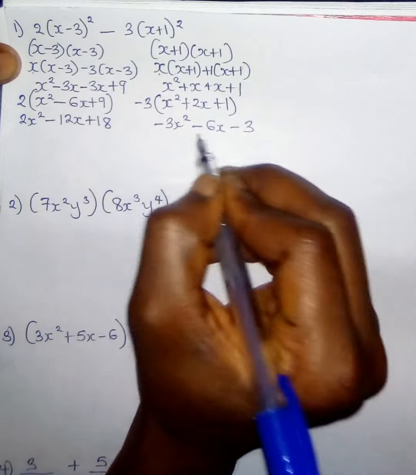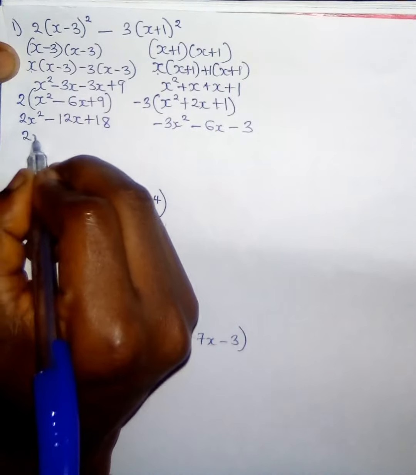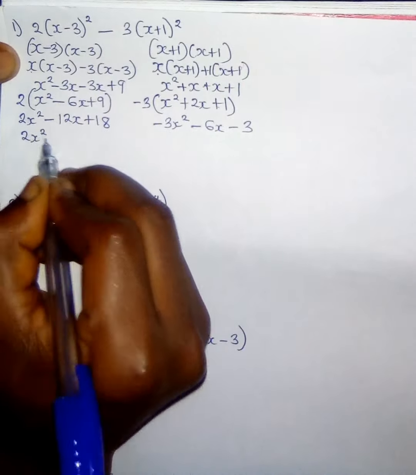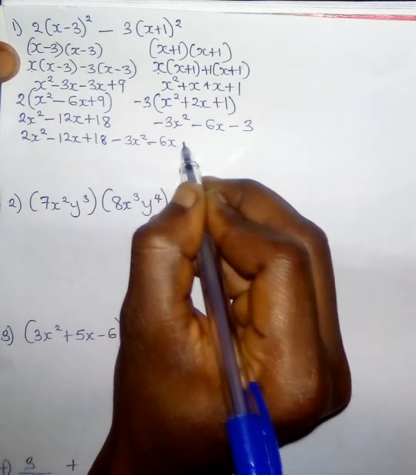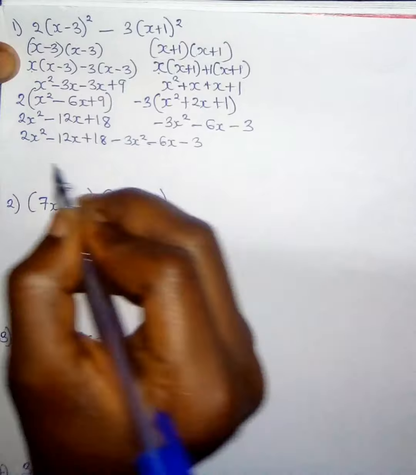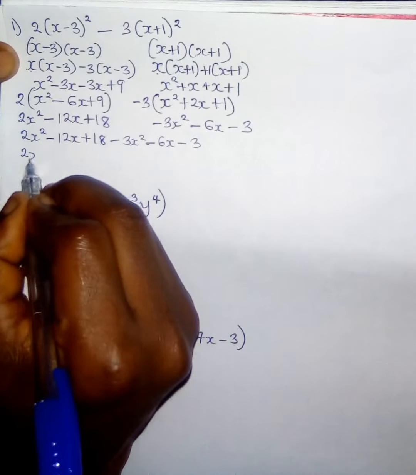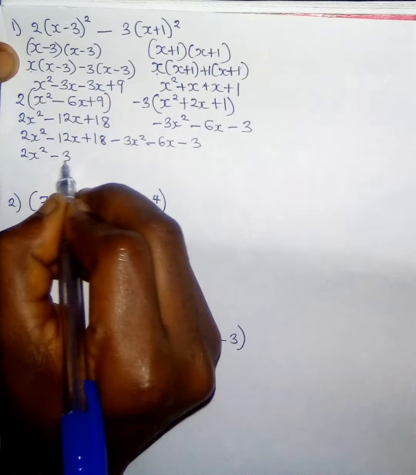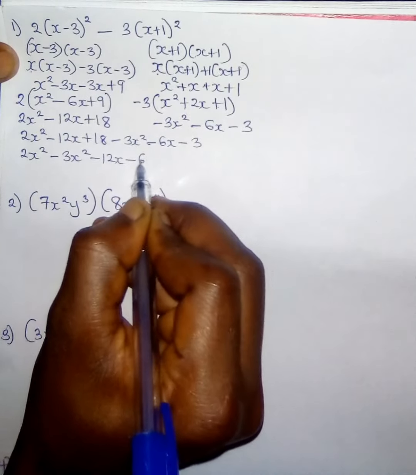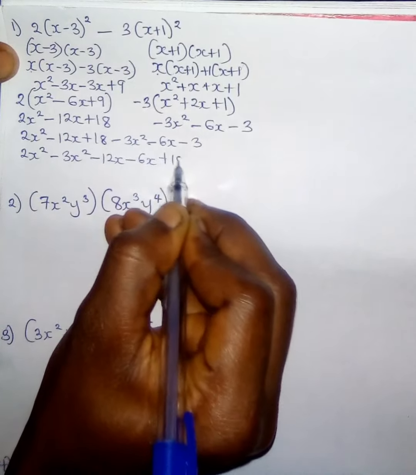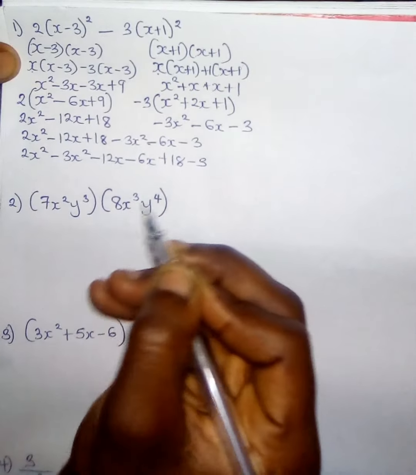Now if we bring these terms together, we have 2x squared minus 12x plus 18 minus 3x squared minus 6x minus 3. So if you collect like terms together, we have 2x squared minus 3x squared, minus 12x minus 6x, plus 18 minus 3.